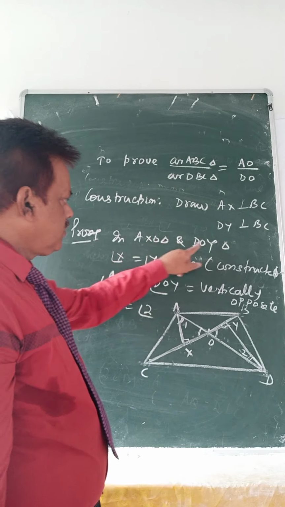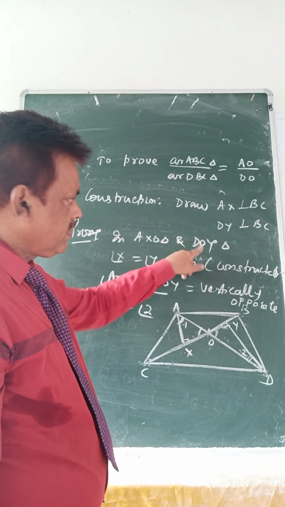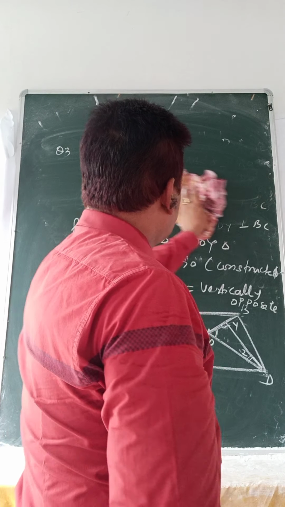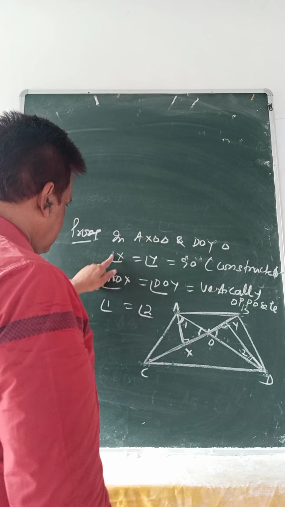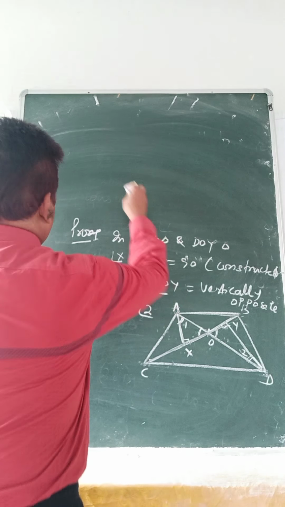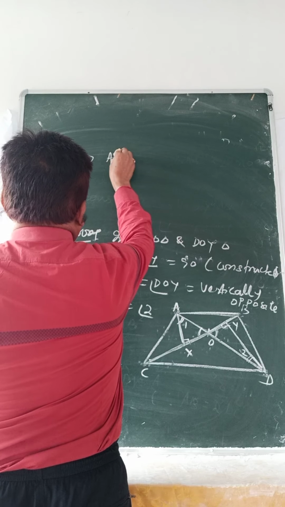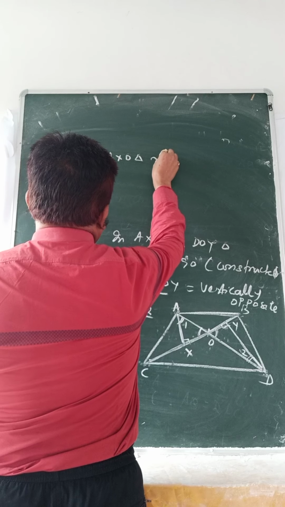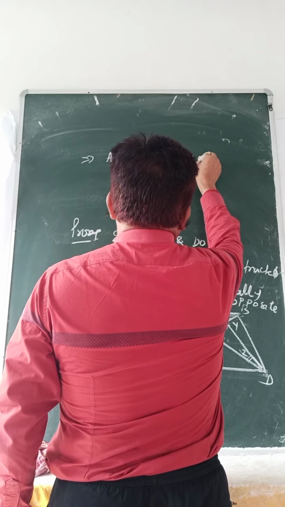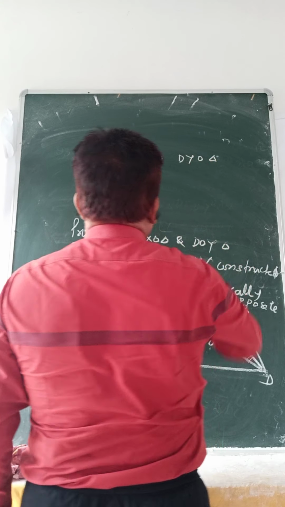So these two triangles became similar now. So you can write, when three corresponding angles are equal, two triangles are similar. Triangle AXO is similar to triangle DYO.